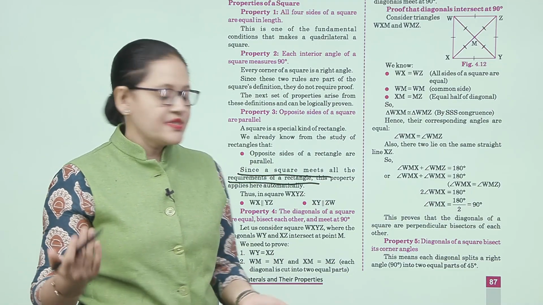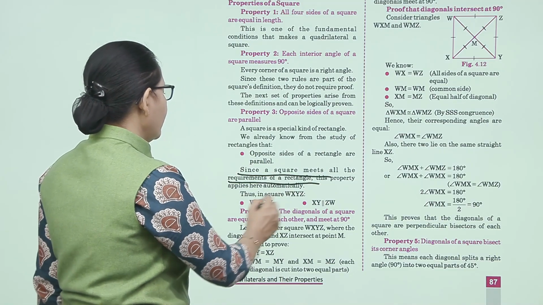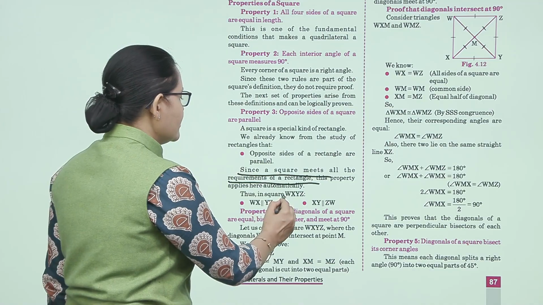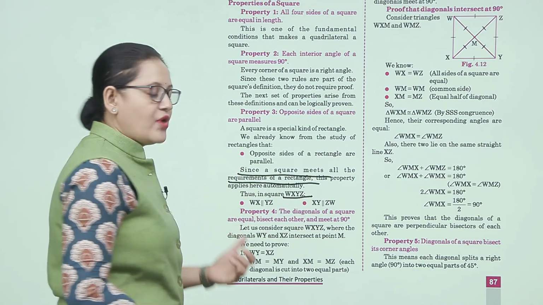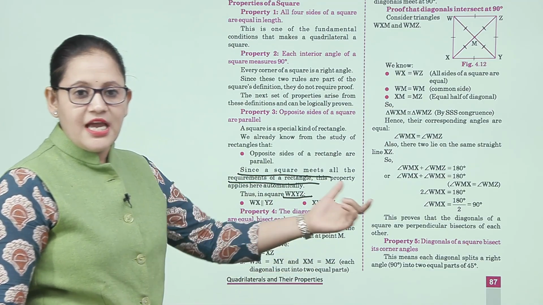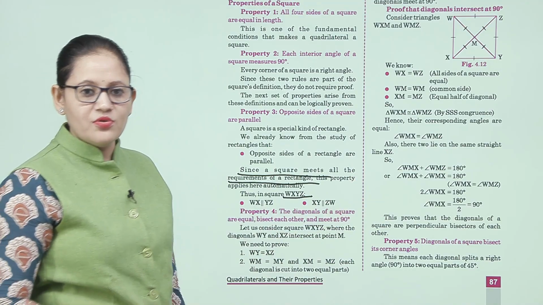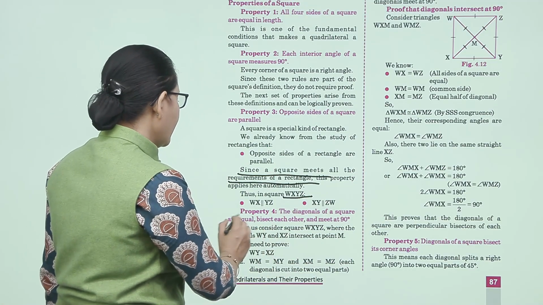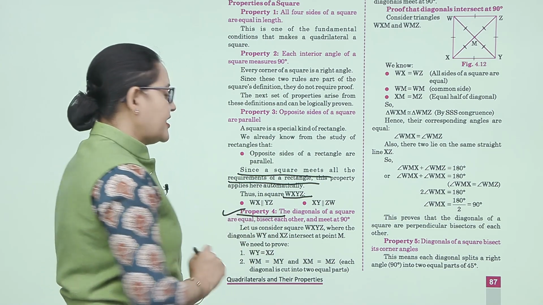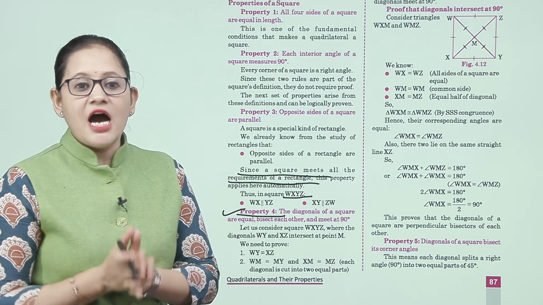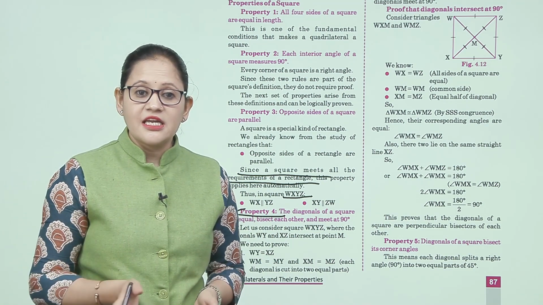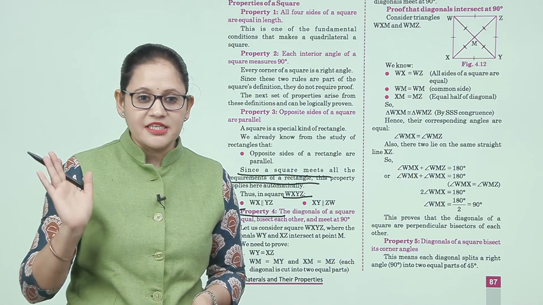Thus, in square WXYZ, WX is parallel to YZ and XY is parallel to ZW. Now, property 4: the diagonals of a square are equal, bisect each other and meet at 90 degrees.